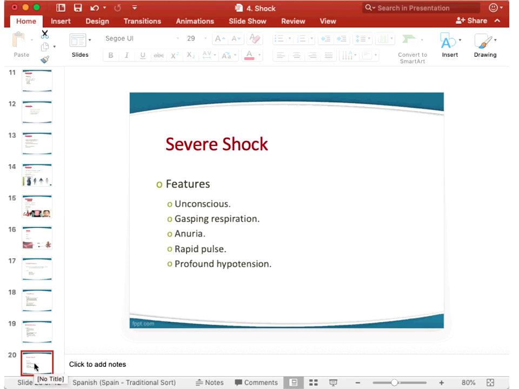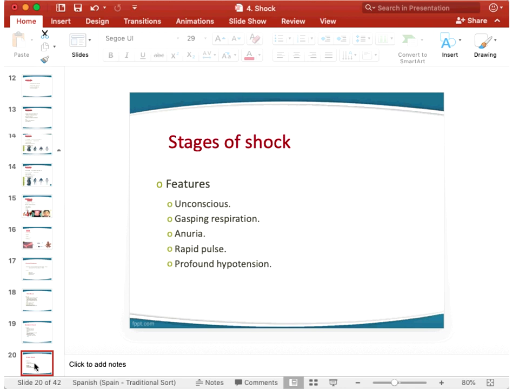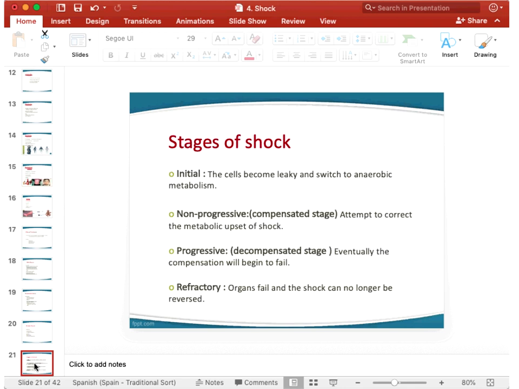Now, in severe shock, your patient is not responding at all. Is very cold. Is not urinating anything. His pulse is very rapid, and he has a profound hypotension, so profound that it may not even be heard at all.